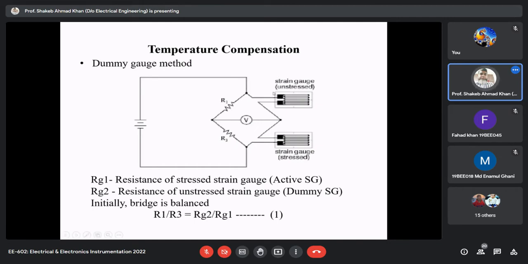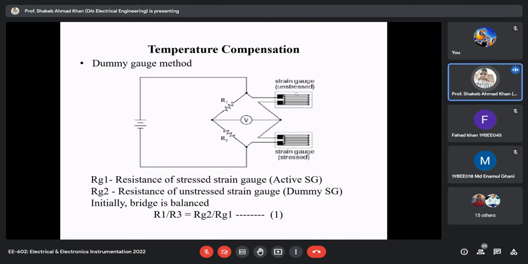This is obvious that if we make both of them active, we should have a curiosity about what will happen. Means these two strain gauges are active, this one as well as this one, both of them stressed, then what will happen?